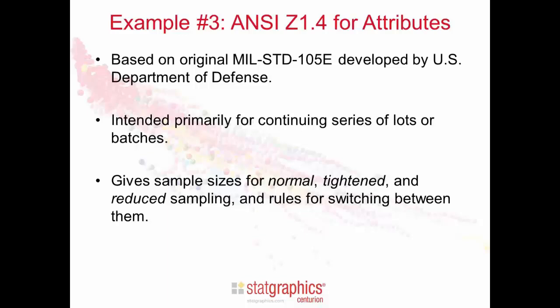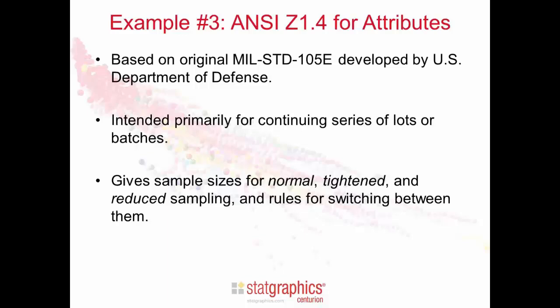Tightened sampling typically requires a larger sample size. On the other hand, if you're doing normal sampling and things are very, very good, you're never rejecting any lots, there's a rule for when you can switch to reduced sampling. That's smaller sample size. If you've proven that your process is producing very good lots, you don't need to take as big samples.